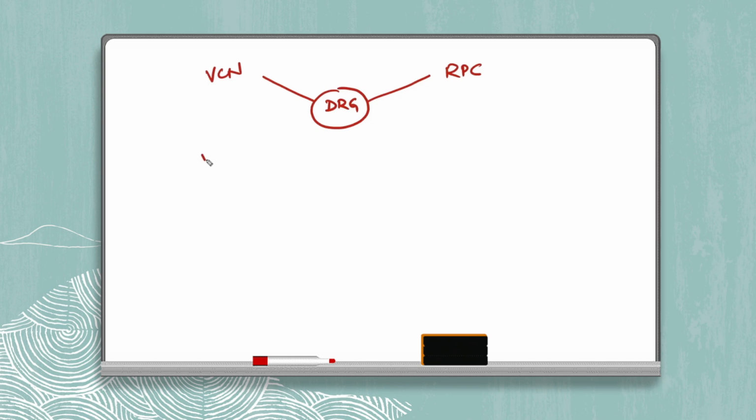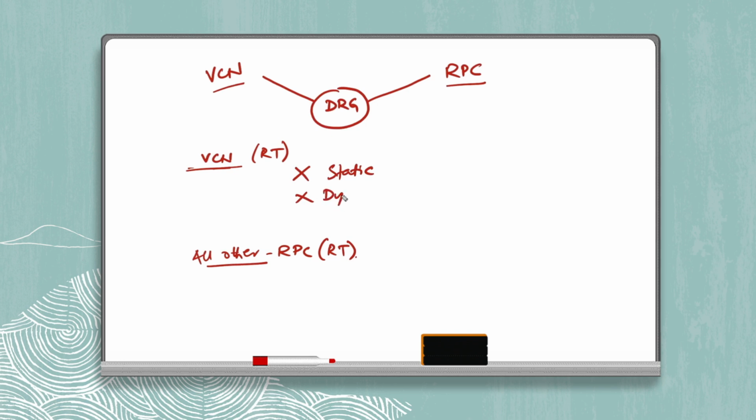One is the auto-generated route table for VCN attachments. And secondly, it is going to be for all other attachments, in this case the RPC. When we have not attached this VCN and RPC, initially the DRG will have two routing tables. There will be no static routes. There will be no dynamic routes.